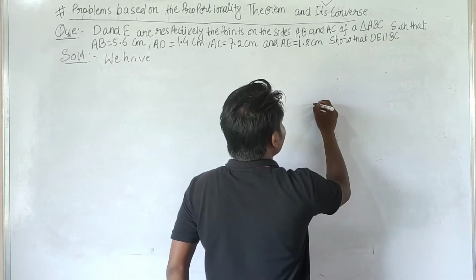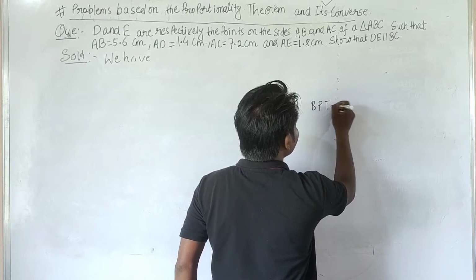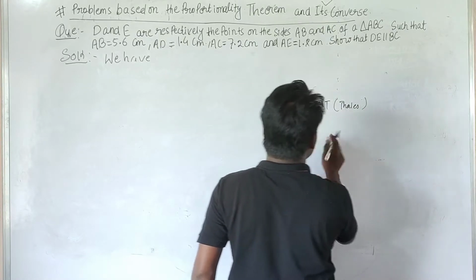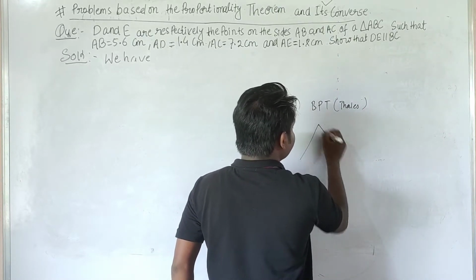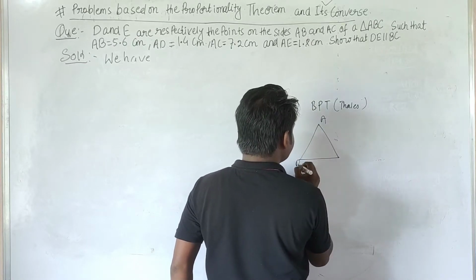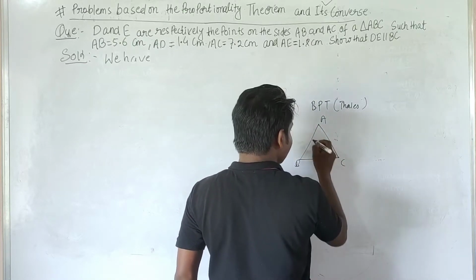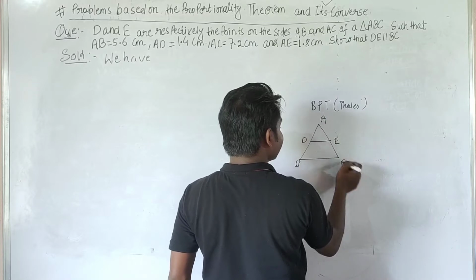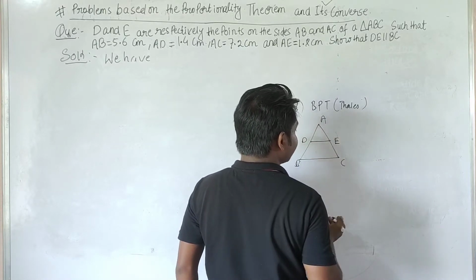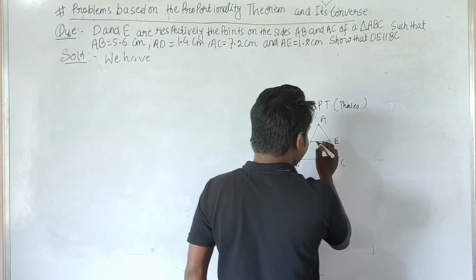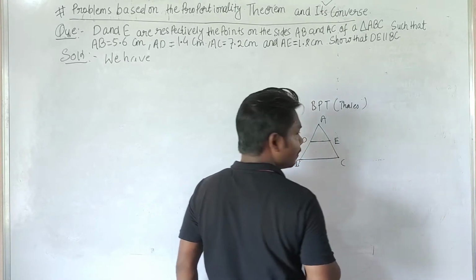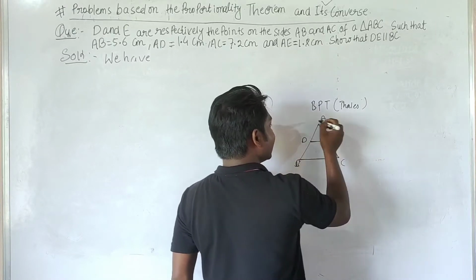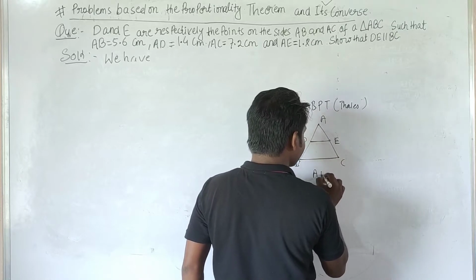According to the basic proportionality theorem, or Thales theorem, if we have a triangle ABC, and a line DE divides AB and AC at points D and E respectively, then if DE is parallel to BC, AD by DB becomes equal to AE upon AC.